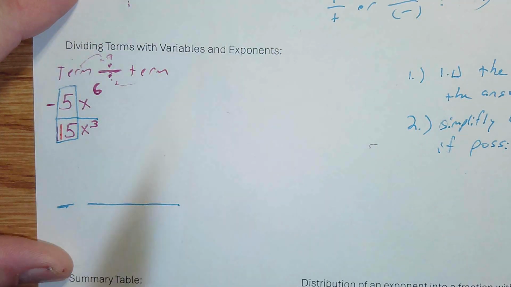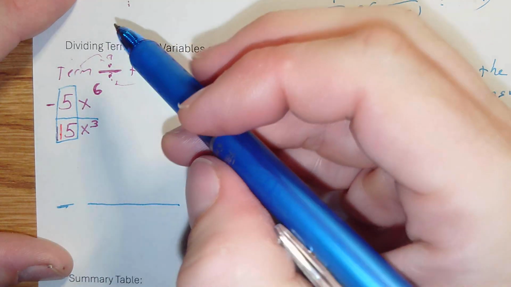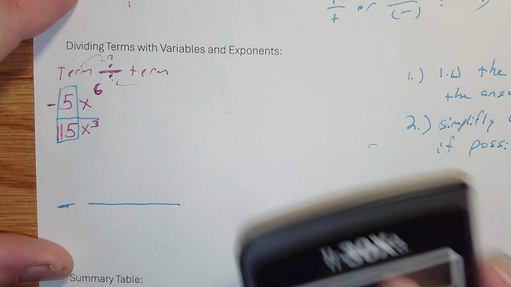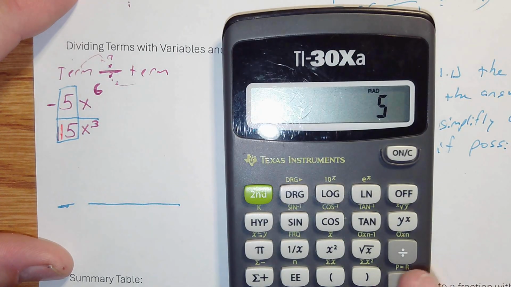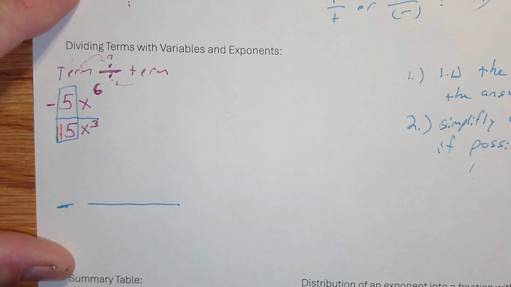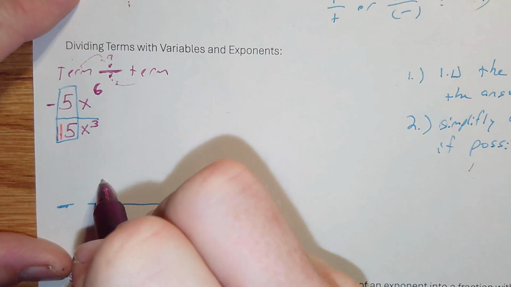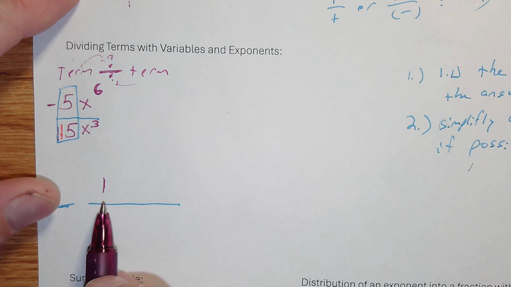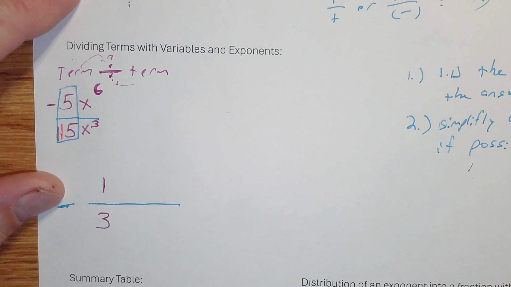So I had a 5 over 15, and if you didn't pick that off right away, 5 over 15 is 1/3. So my fraction bar is going to be 1 over 3. Now you don't have to write the 1 if you're going to have a variable in the top, but I don't know if I have a variable in the top yet.